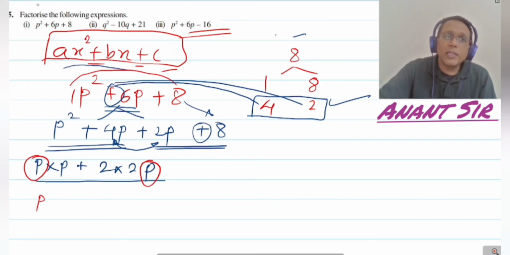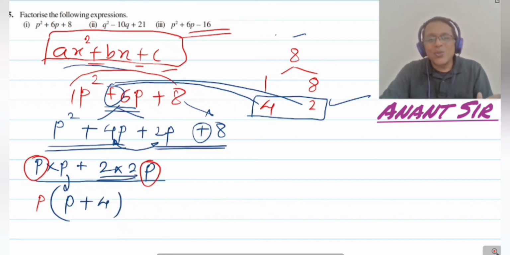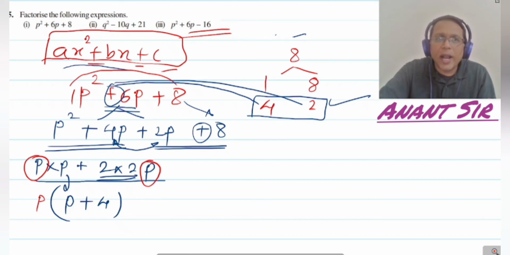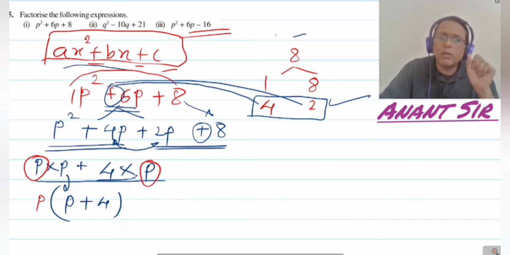So what remains inside the bracket is p plus 4, because there was no meaning in writing 4 as 2 times 2, as there was no number in the first term. It was only p square. So no need to find the factors of 4 there.